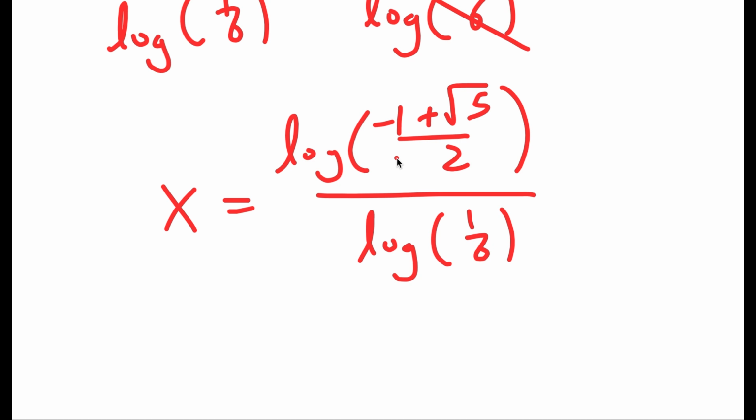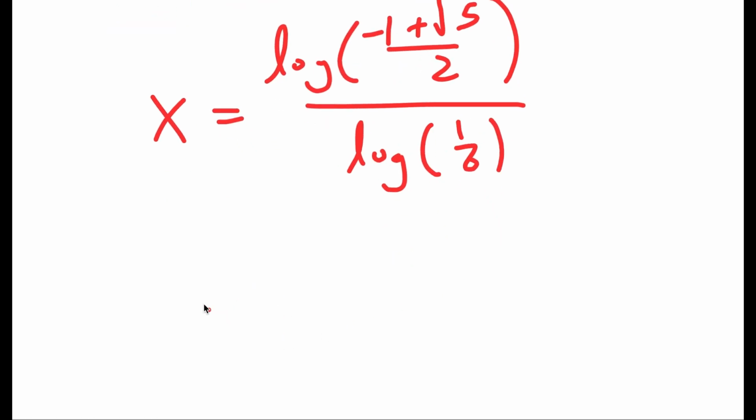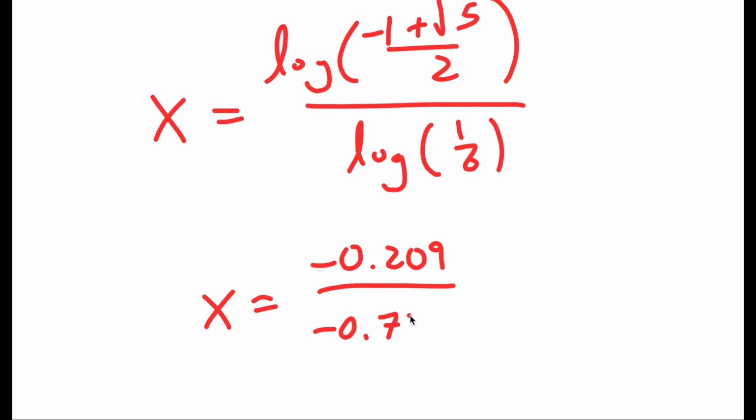So for our numerator, we have negative 0.209. And now for our denominator, which is log of 1 over 6, we have negative 0.778.